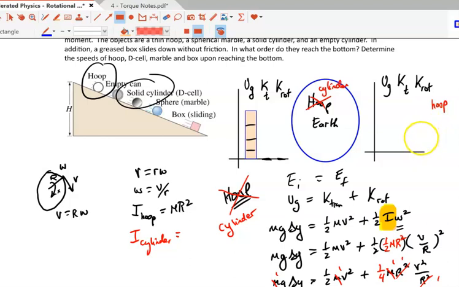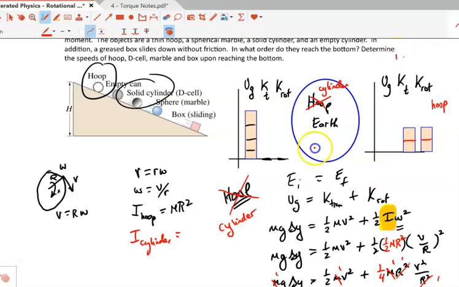And so the cylinder will have picked up more kinetic energy and have less rotational energy. It doesn't have to do as much work. Because I is smaller, its rotational energy will be smaller, and therefore its kinetic energy will be bigger, and so it has a faster speed.